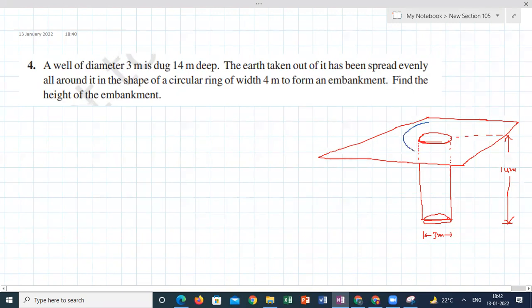This is called an embankment. Are you clear what is the meaning of embankment, students? You can see in villages how the wells look. They construct an embankment like this.